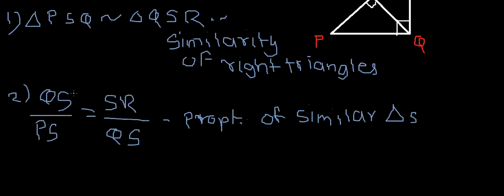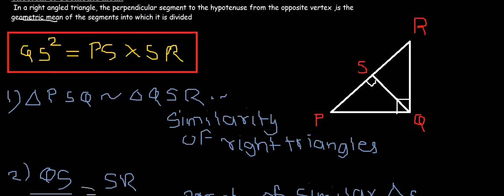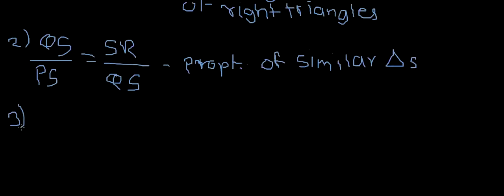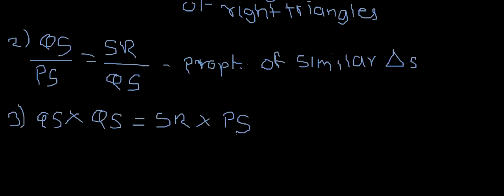Now if I cross multiply these two ratios, then I will get QS into QS is equal to PS into SR. So let's write. I will get the third step as QS into QS equals SR into PS. Now QS into QS is nothing but QS square.